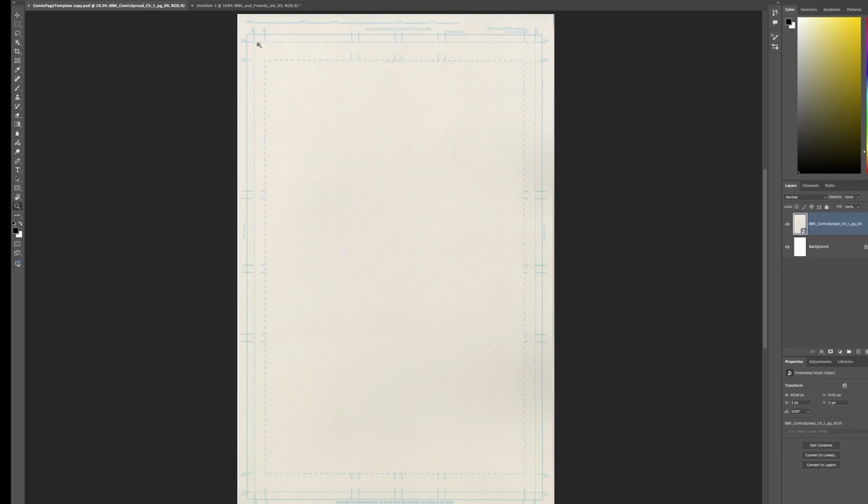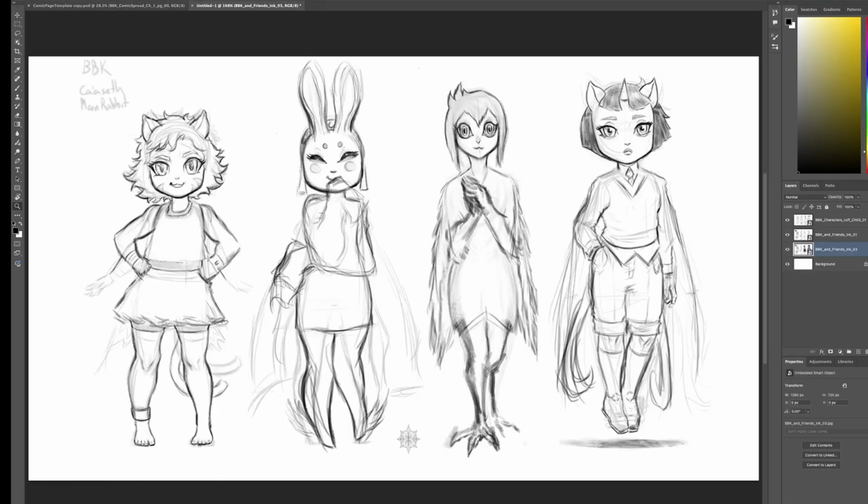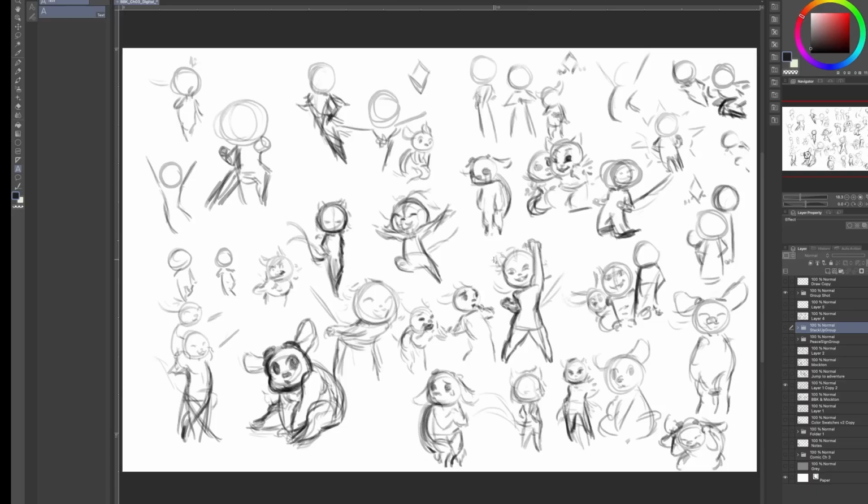So that is a comic page. Let's talk about character design and how I draw. All right, so my advice is to go from simple to complex. Simple to complex, right?